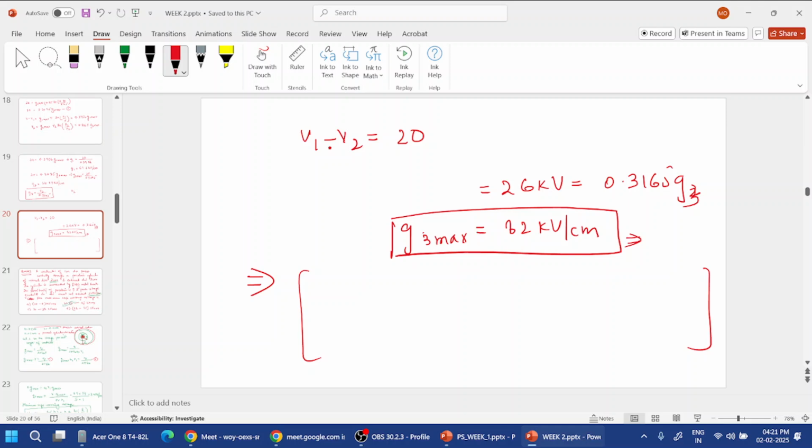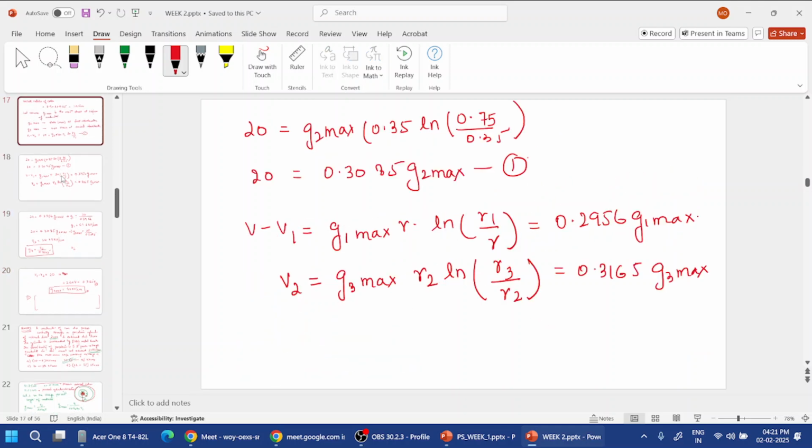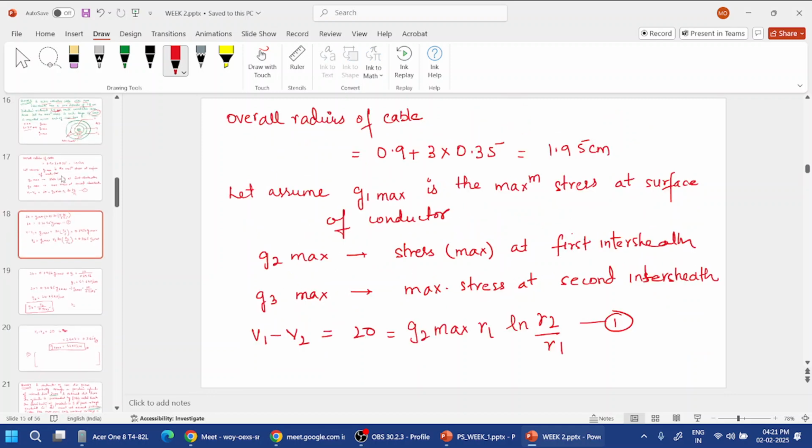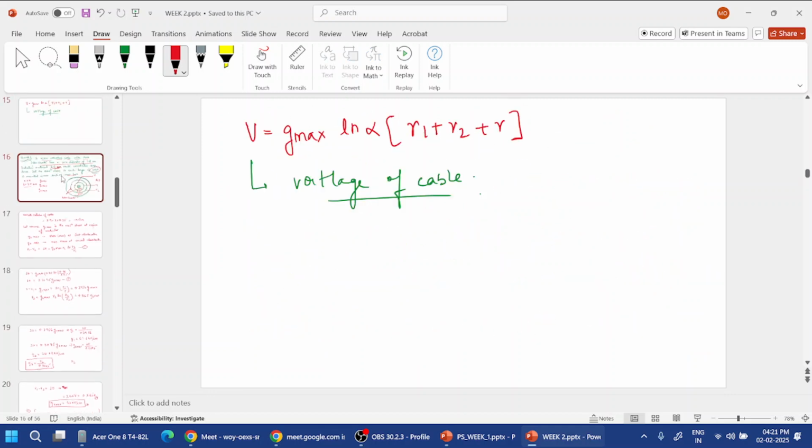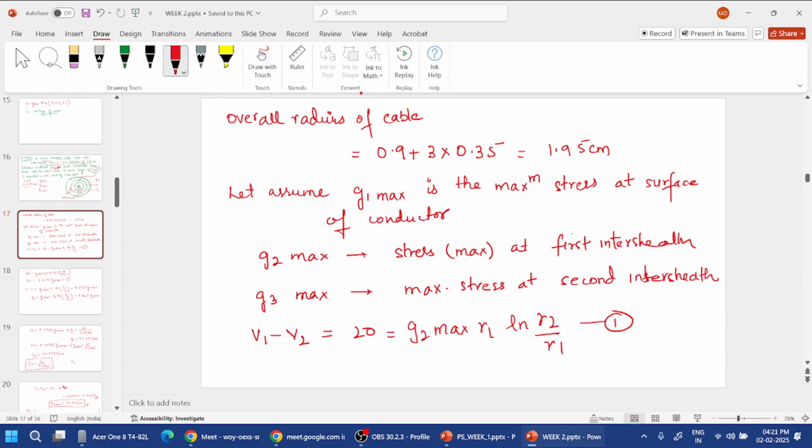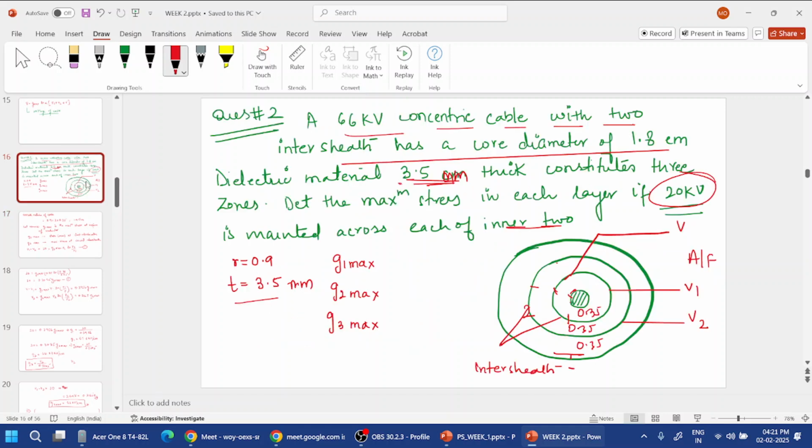V1 minus V2 is 20, but we have to calculate V2. In the question, it has been said that it is a 66 kV concentric cable with two intersheaths.